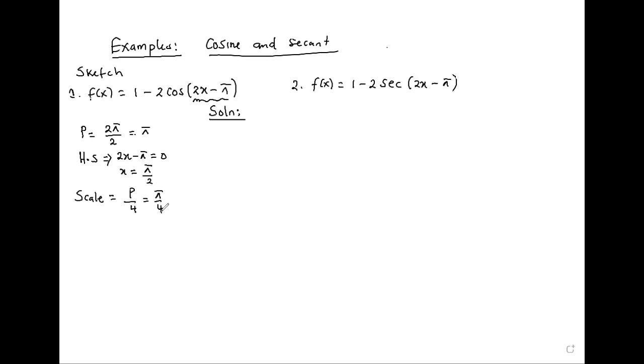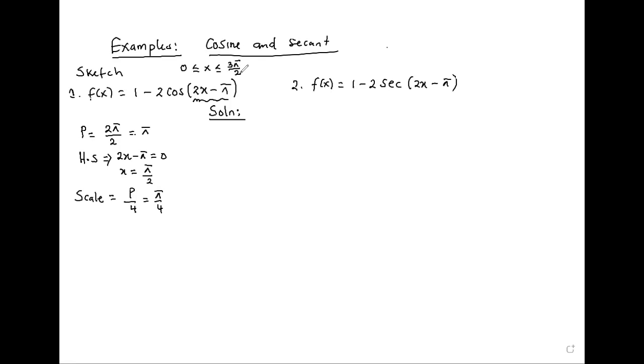That is our scale. So we are sketching from, let's sketch from 0 less or equal to x less or equal to, let's say, 3 pi over 2. Yeah, 3 pi over 2.